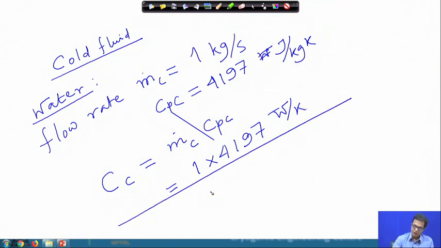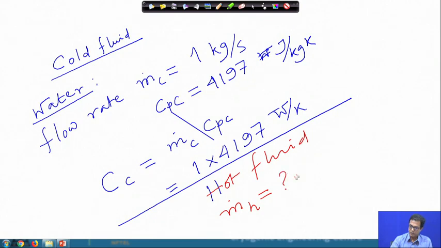So, this is one parameter. Then for the hot fluid, what will we find? This m_h dot is not given, we do not know. So, how do we find C_h then?